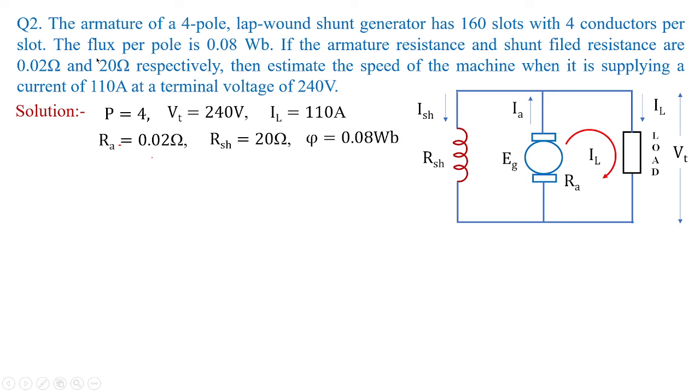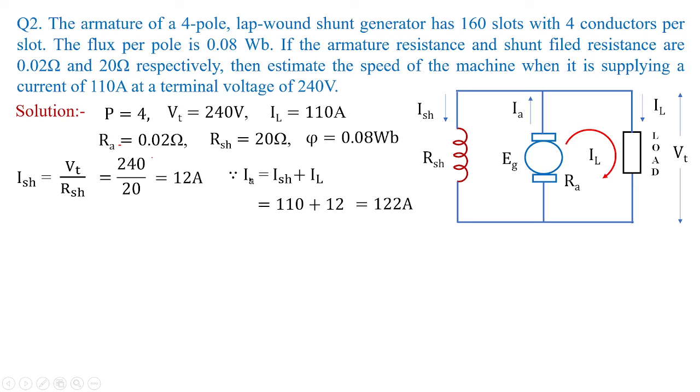And another important parameter which is given is flux, that is 0.08 Webers. So this is the data given in the problem. Now you know that shunt field current is obtained as terminal voltage by Rsh, so it is here 12 amperes. And we also know that armature current is equal to shunt field current plus load current. So here the value of armature current would be 122 amperes.